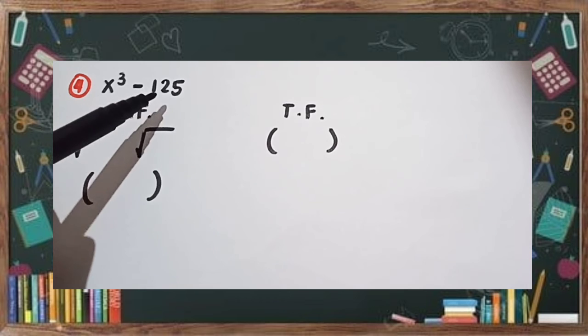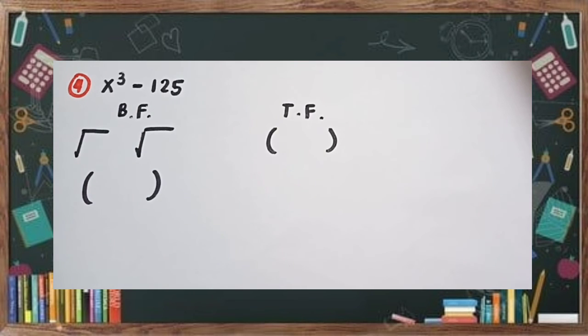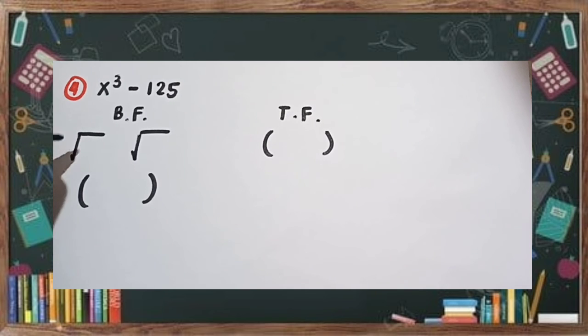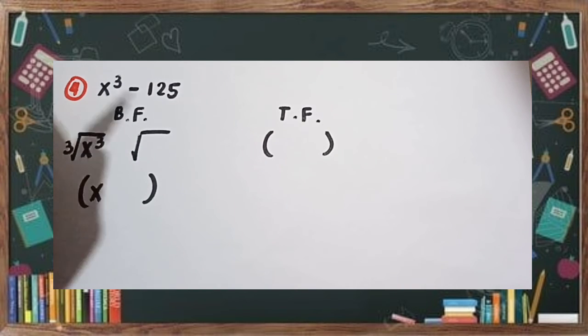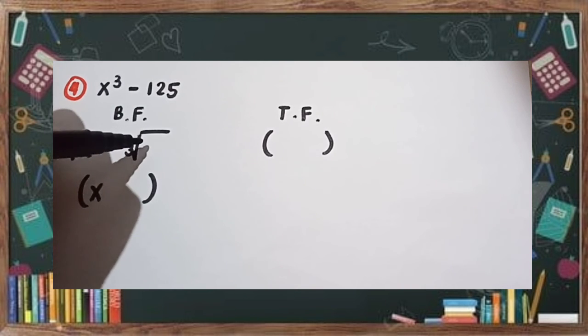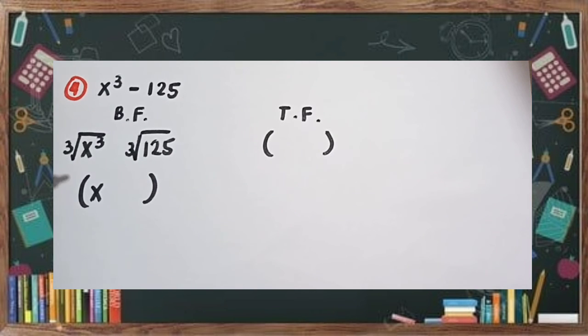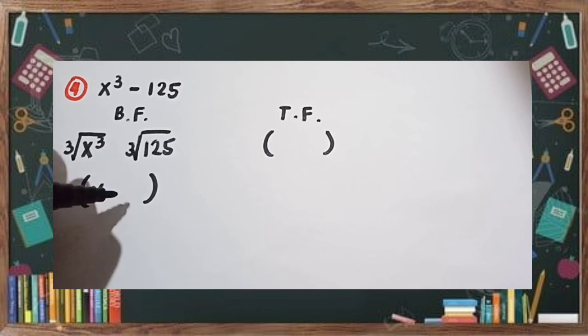X cubed minus 125. So first, we need to get the binomial factor. So, we will going to get the cube root of the first term. So, the cube root of x cubed ay equals to x. Then, let's get the cube root of the second term. So, the cube root of 125 ay equal to 5.